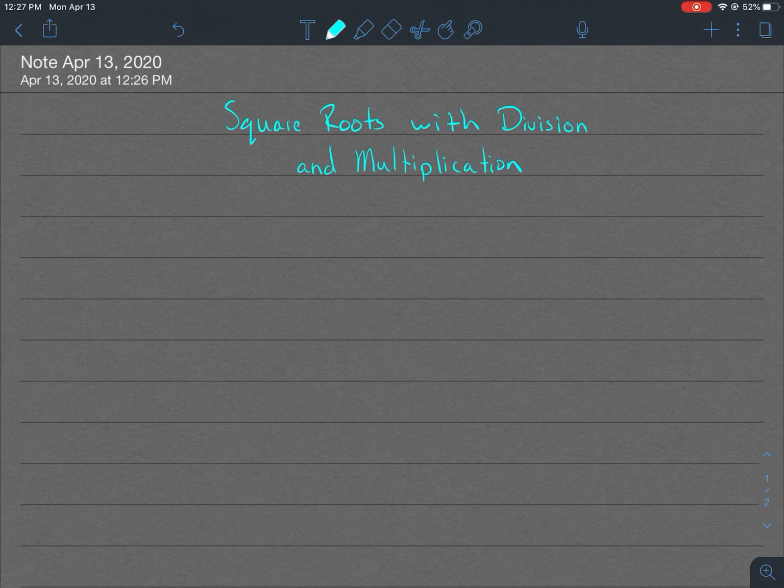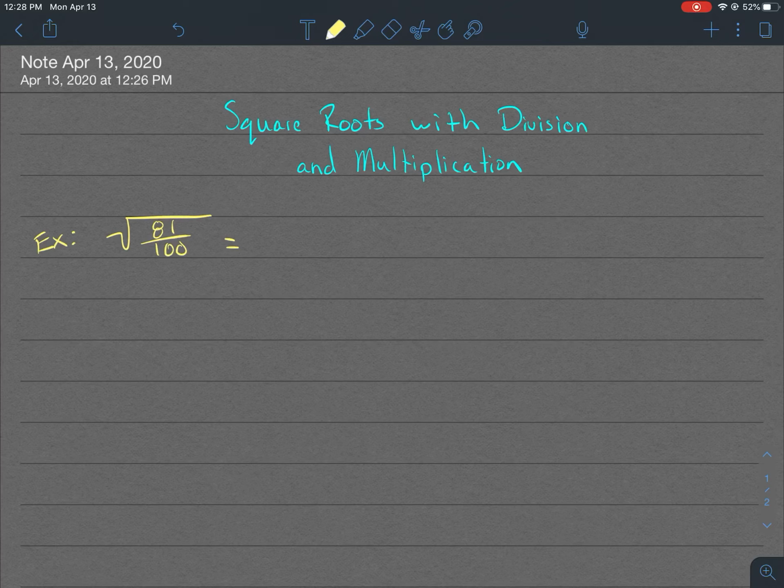Okay, so for example, let's jump right into the examples. If I have a problem that looks like this, where I have 81 over 100, and 81 over 100 is the whole thing underneath the square root.